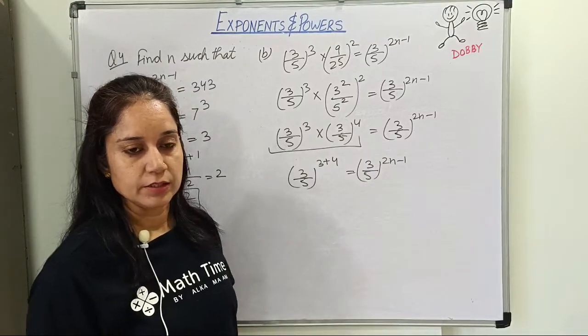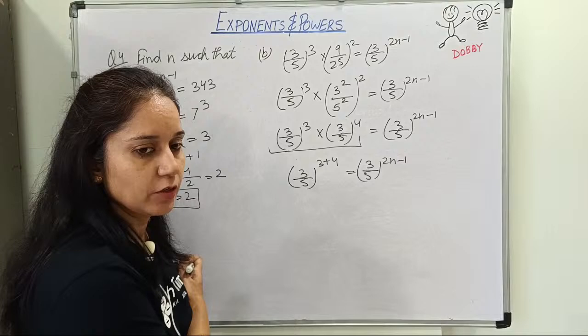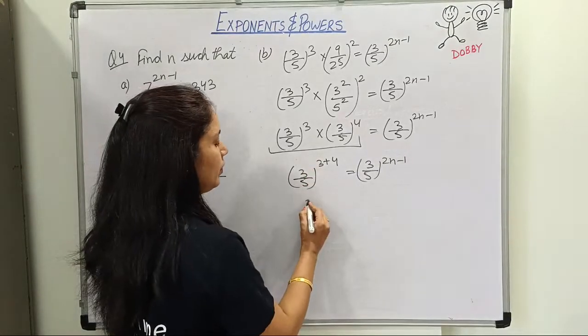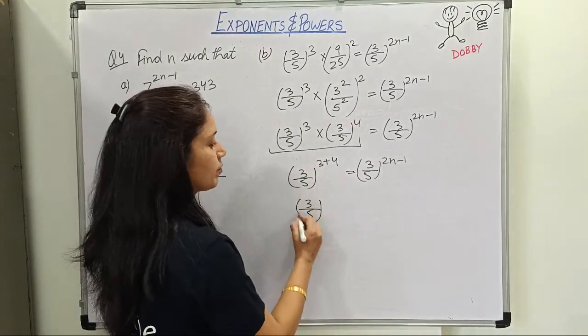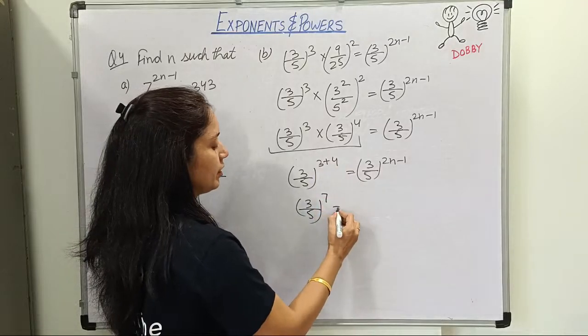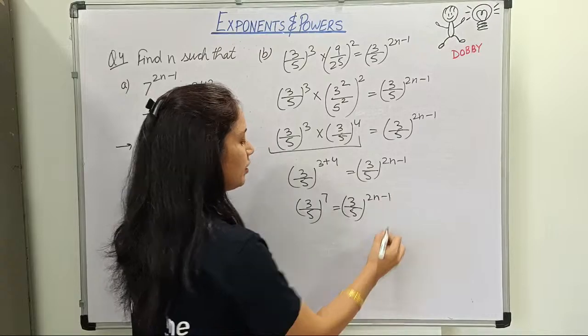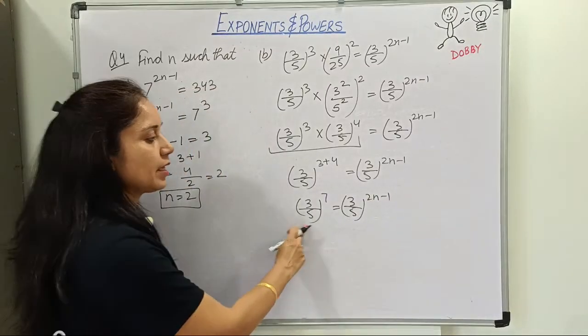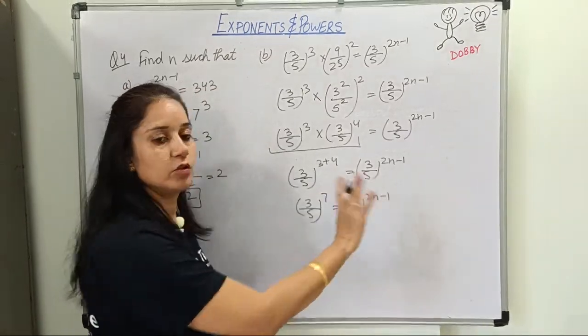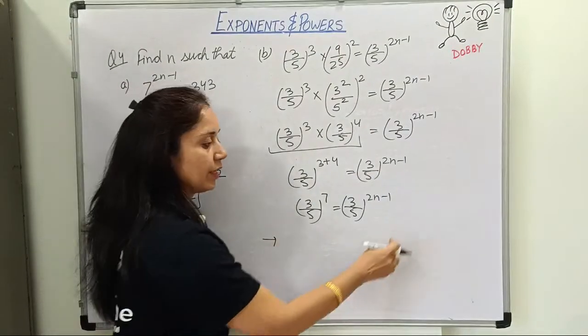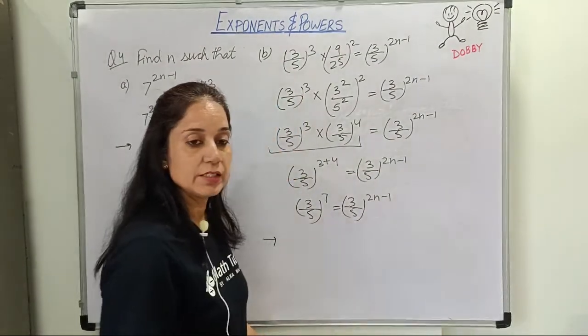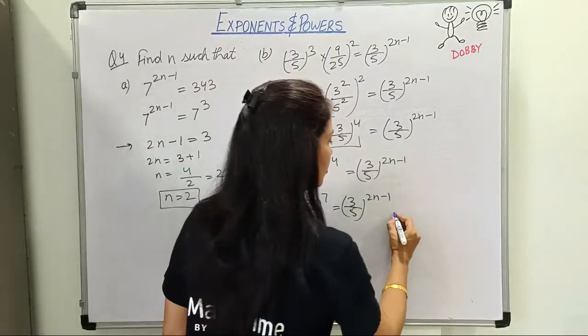Zoya has written the answer. Let us see. Zoya, you keep on checking your sum. It becomes 3 upon 5 raised to the power 3 plus 4, 7, equals 3 upon 5 raised to the power 2n minus 1. Bases are same, so powers are also equal. You have to write the rule here every time: if the bases are equal, powers are also equal.